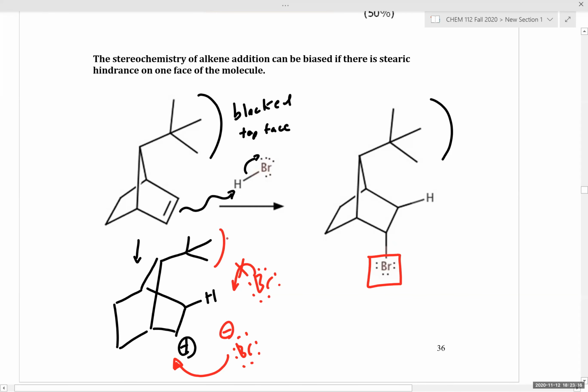But in this case, because the top face of the molecule is substantially hindered by this bulky t-butyl group, you end up with preferential attack from the bottom face. This is known as substrate-controlled selectivity.